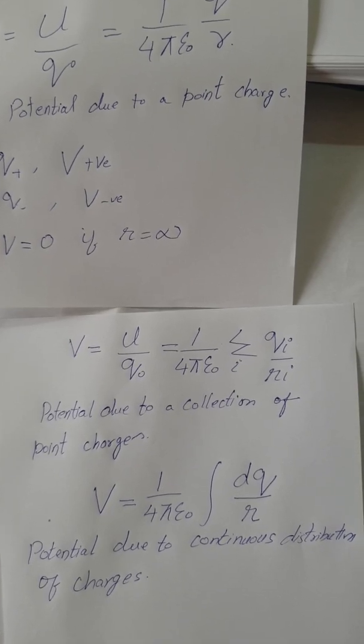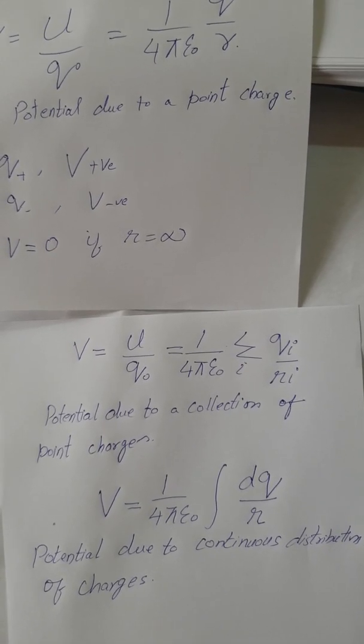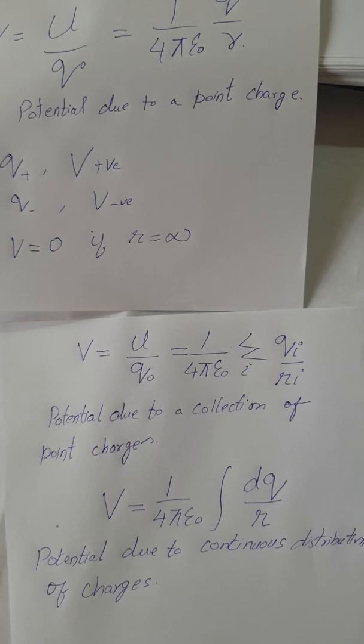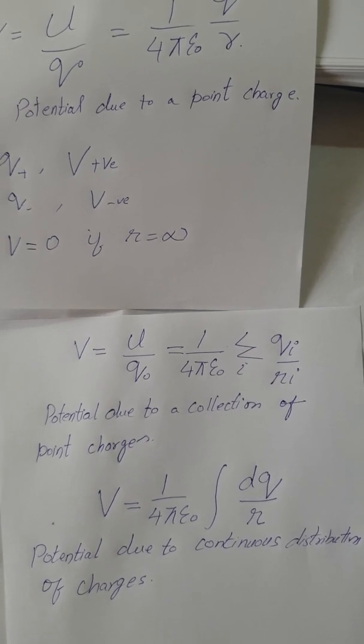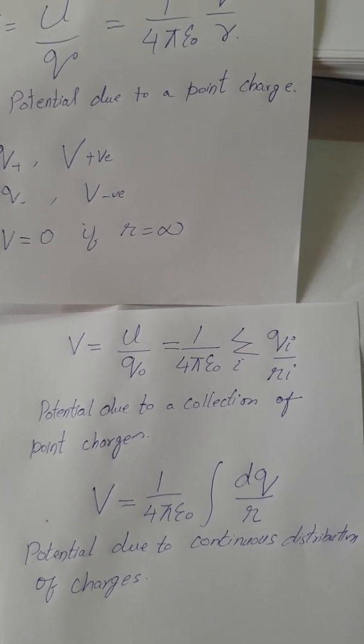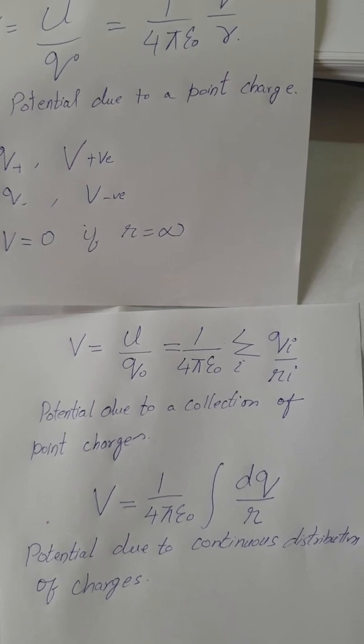In the next lectures, we will work out several examples of continuous charge distributions with respect to potential, like we did in previous chapters for other variables.